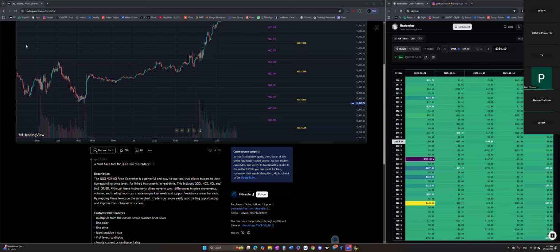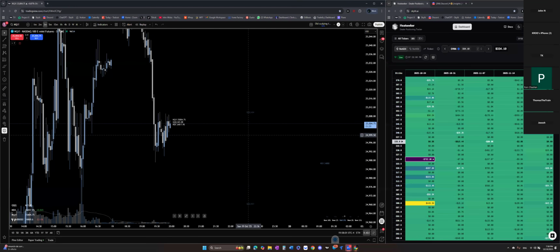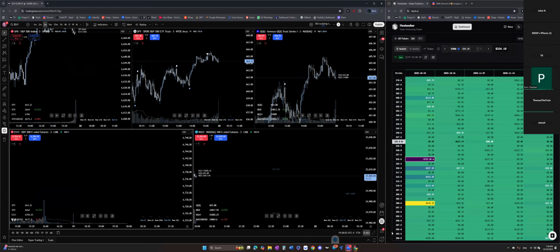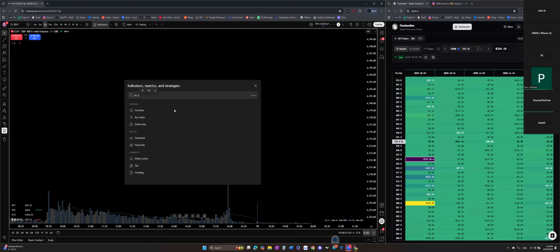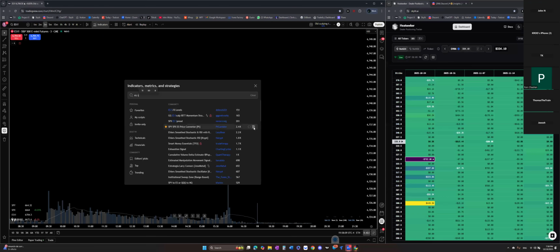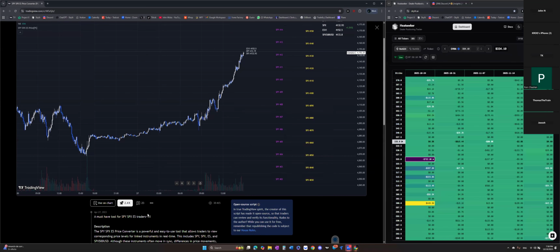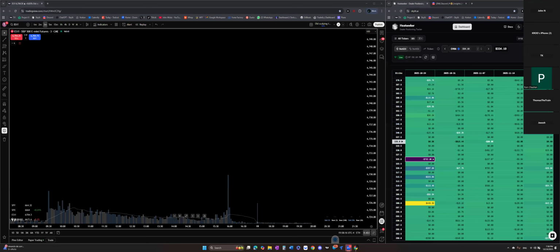So that's NQ to QQQ, and I'll post ES as well. And here it is. Post it right underneath for those who are interested. Now to find out where we left off.